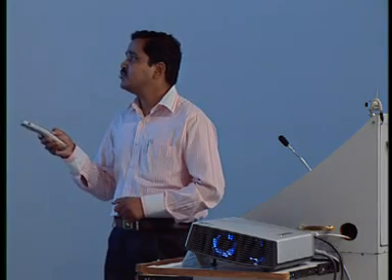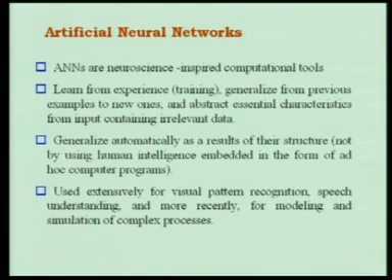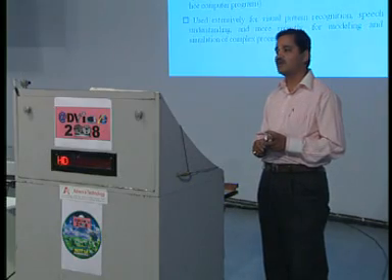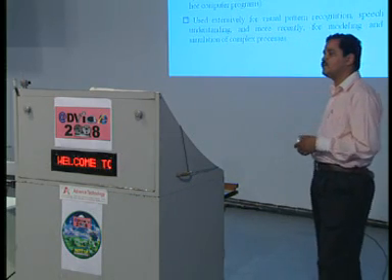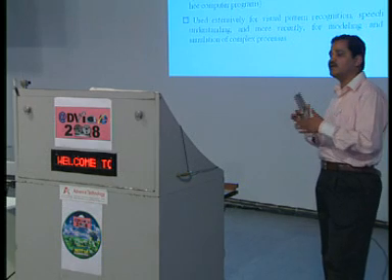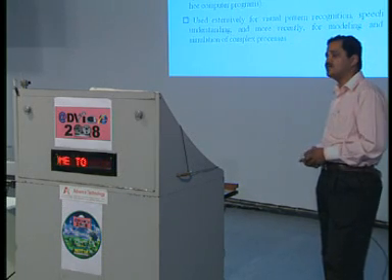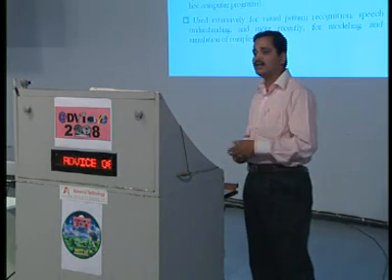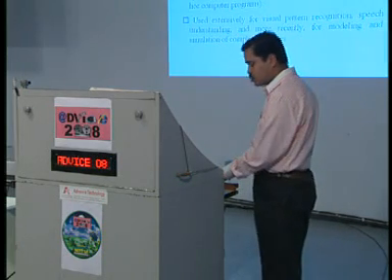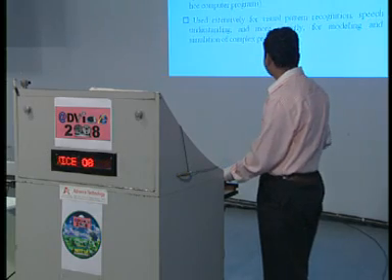Neural network techniques are neuroscience-inspired computational tools. What does it mean? Depending on how a human brain or animal brain works, people have devised the artificial neuron structure, and by combining a number of artificial neurons, they have formed a neural network, so that it can imitate the human brain or animal brain.